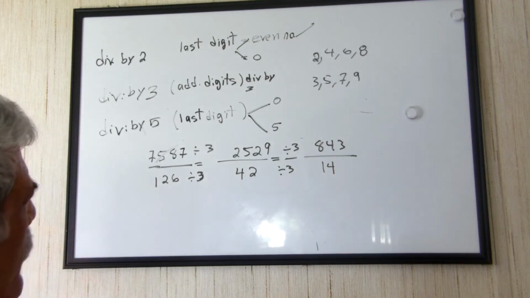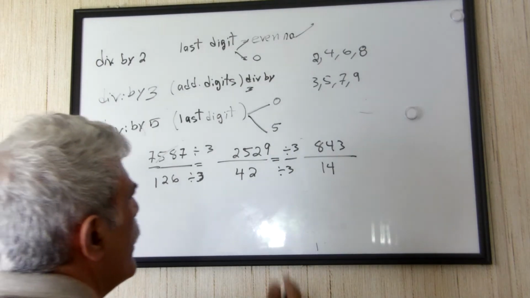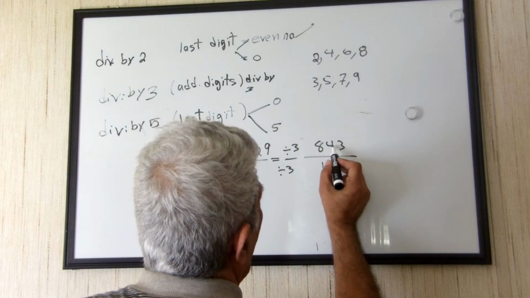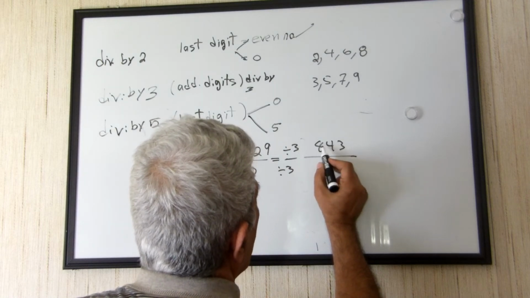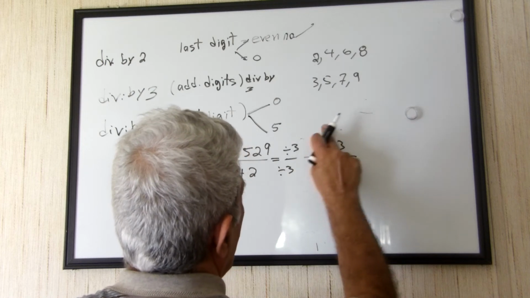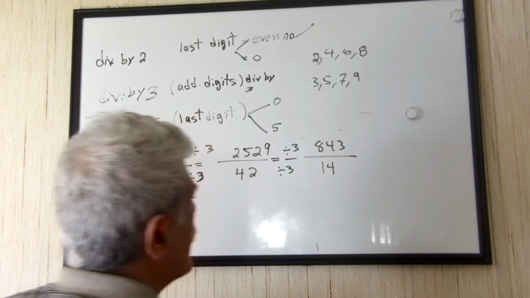Now to see if we can simplify more: 8 plus 3 plus 4 is 15. 15 can be divided by 3, yes. But this 14 we cannot divide by 3.